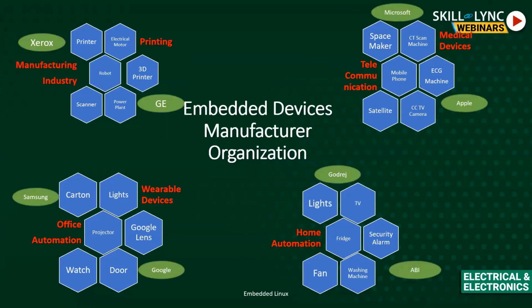So which organizations develop this kind of embedded devices? The primary organizations are Xerox, GE, Samsung, Google for home automation, ABB, Apple, Microsoft. All these industries offer embedded devices in their respective domains.